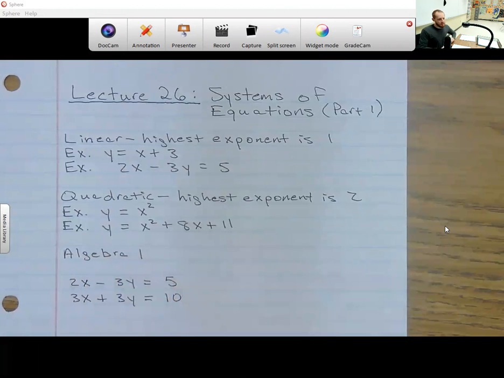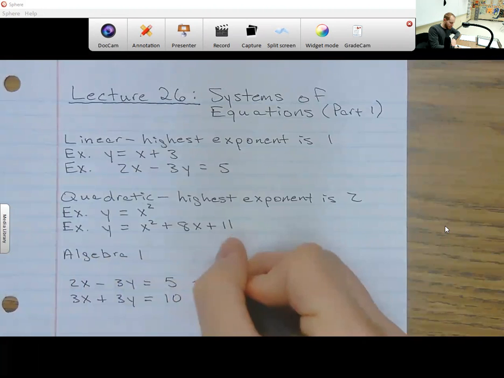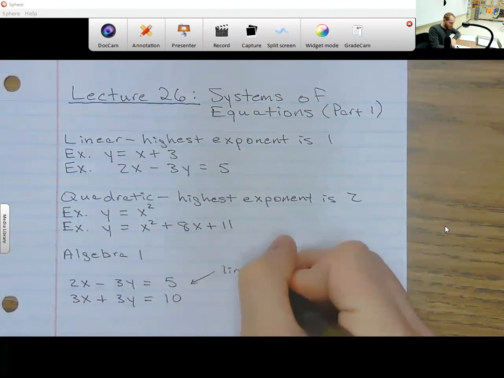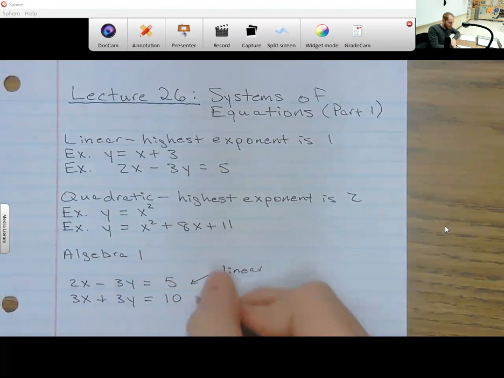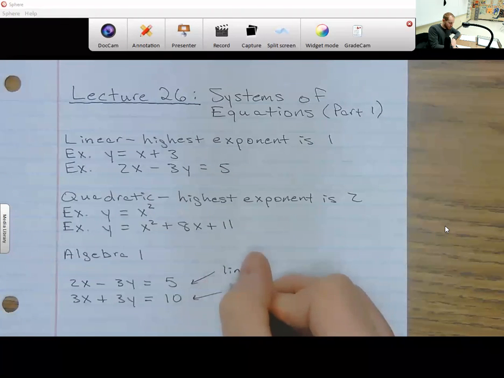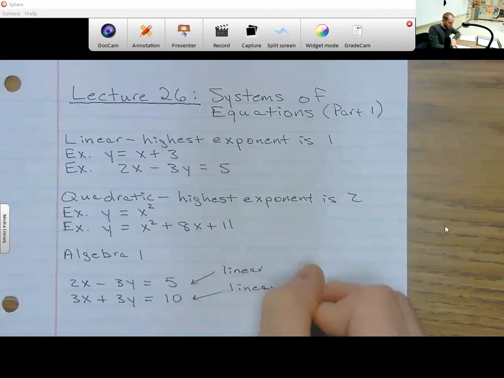So back in the day, you had to solve equations like this. Notice that both of the equations are linear. This one is linear because the highest exponent is 1, right? This one is also linear because the highest exponent is 1.